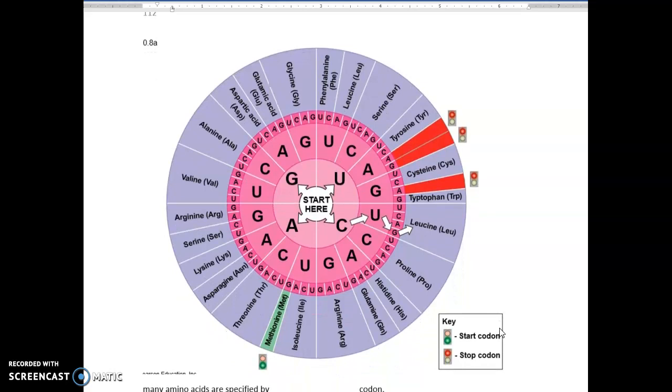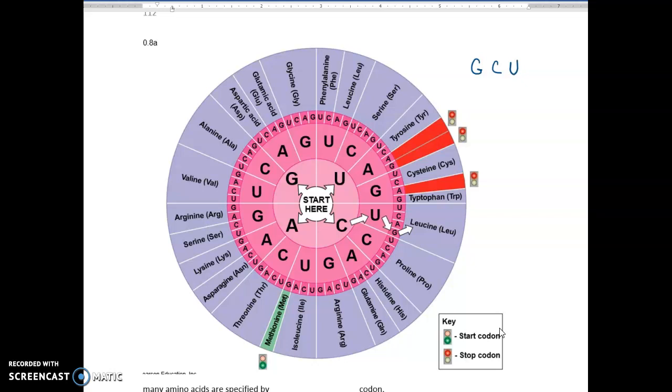So if you have a code, let's say we've got a G, C, it doesn't really matter, U. This is RNA, so we've got uracil. Okay.